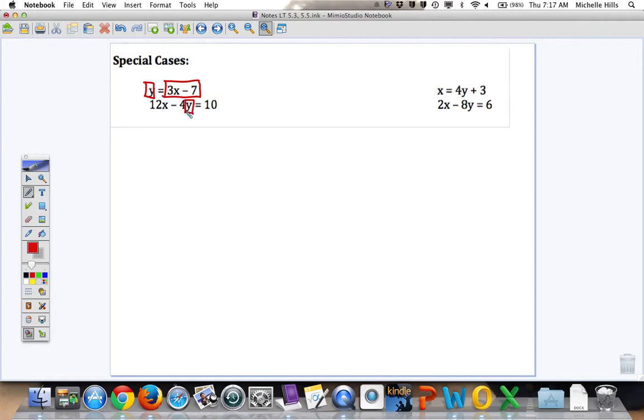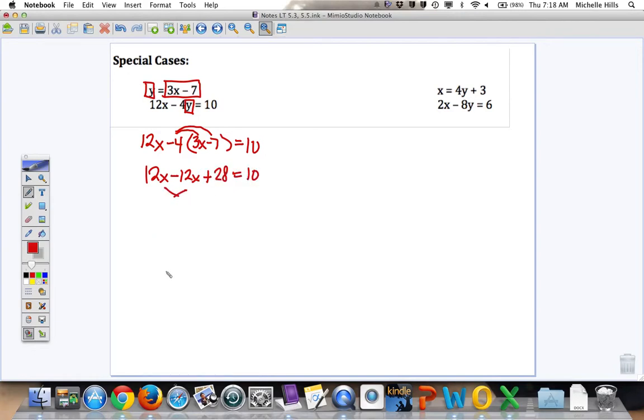So I'm going to substitute that for y in the second equation. 12x minus 4 times, in parentheses, the y is replaced with 3x minus 7, and then bring down my equals 10. I'm going to distribute negative 4 to 3x and negative 4 to negative 7. So 12x, negative 4 times 3x is going to make this a minus 12x. Negative 4 times negative 7 is going to make this a plus 28 equals 10.